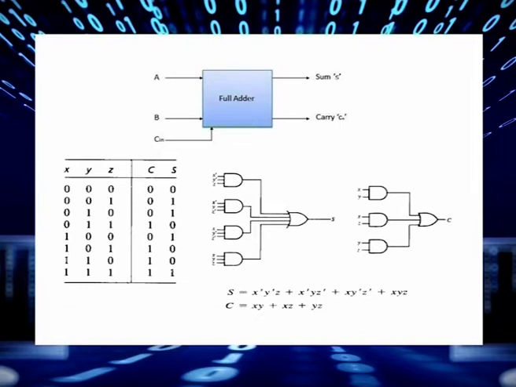Here we can easily see that there are three input digits as compared to 2 in the case of half adder. Here we can see that we have three inputs A, B and C in and two outputs S and CO. The inputs A, B and C are represented by X, Y and Z in the truth table as logic circuit.